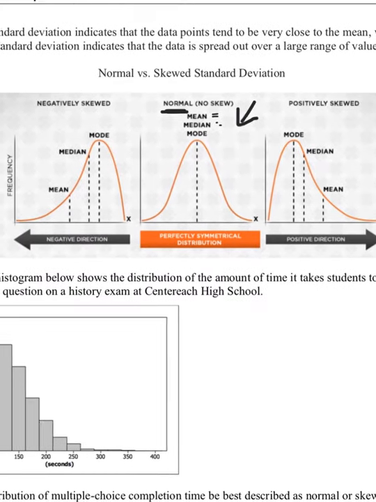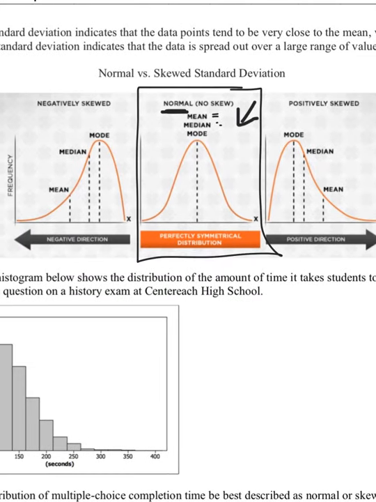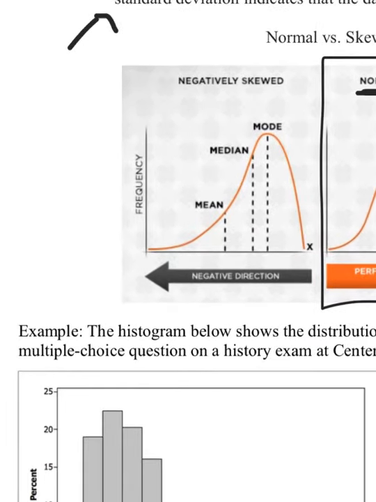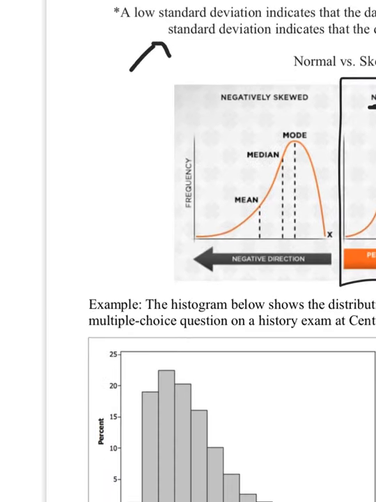That's not always the case. This is going to be our main priority when we're talking about statistics, but that's not always going to be the case. That's like in a perfect world, you see normal distributions. If you have skews, you could have a negative skew or a positive skew. A negative skew has a little bit of a tail. We call this a tail.